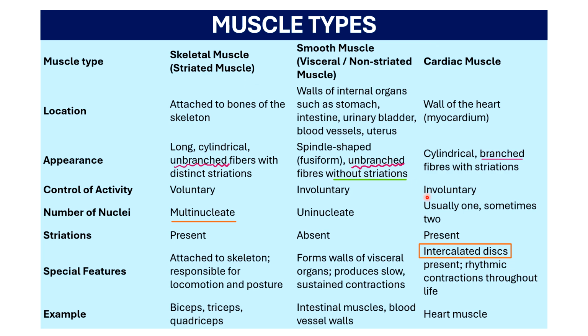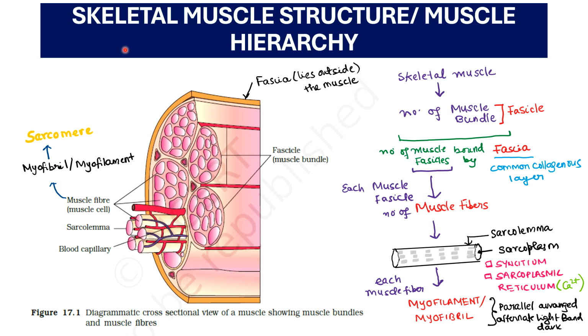That's all about the muscle types. I hope you are clear about it. Let's understand the structure of skeletal muscle in detail. These are the main muscles that are attached to the bones and help in the locomotion process. Skeletal muscles are made up of many muscle bundles. These muscle bundles are known as fascicles.